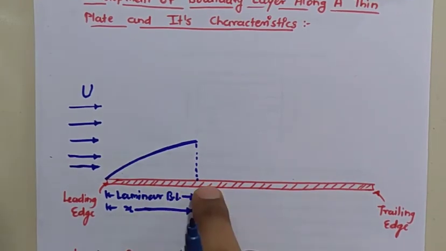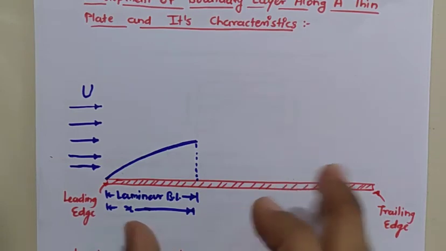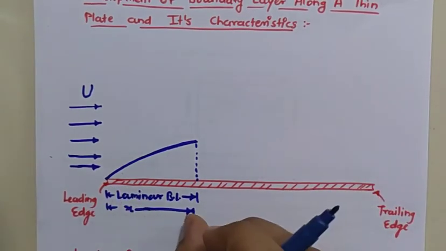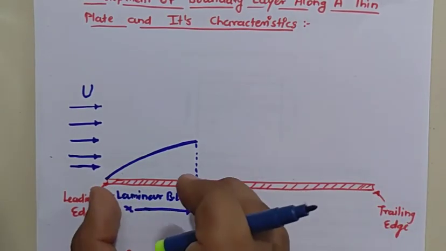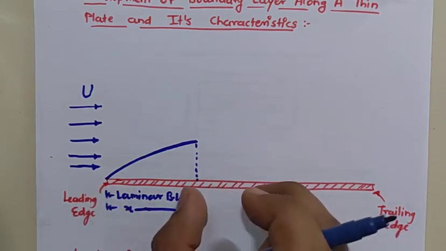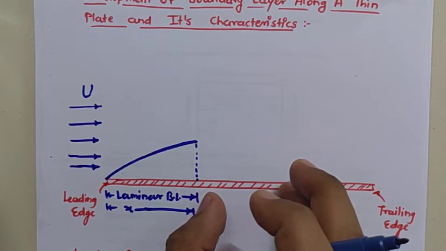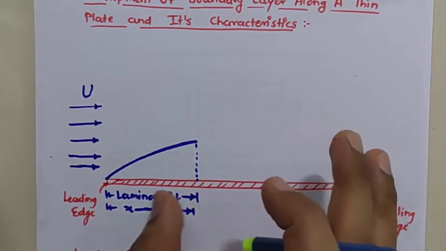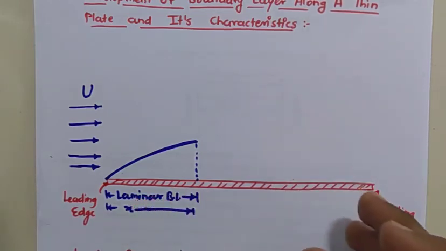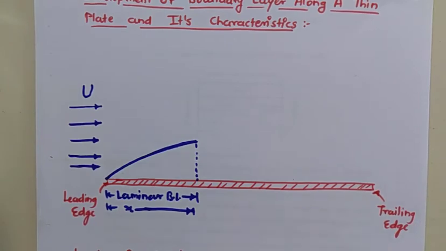If, however, the plate is sufficiently long, beyond some distance from the leading edge, the laminar boundary layer becomes unstable, and the flow in the boundary layer exhibits characteristics between laminar and turbulent flow, and this is known as the transitional region.